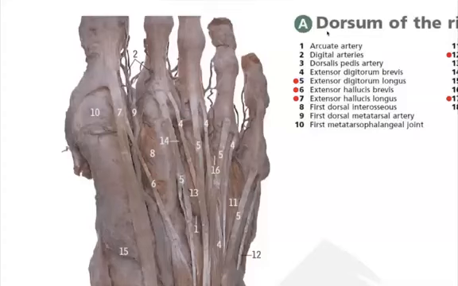You need to follow the same thing for the other ones. Number 5 is the extensor digitorum longus, and on the side, number 4, the short one, is the extensor digitorum brevis.